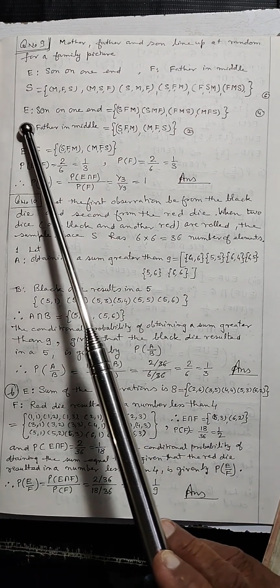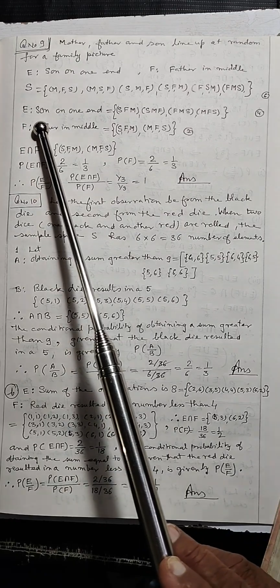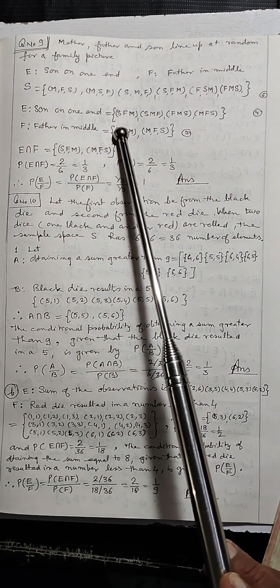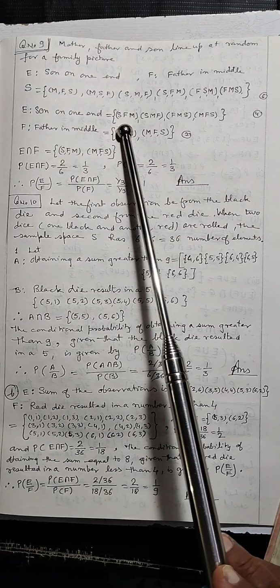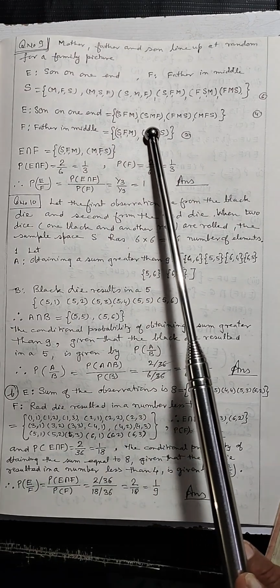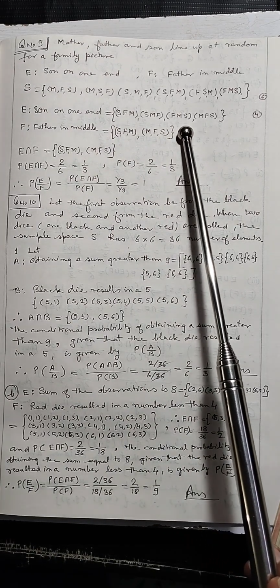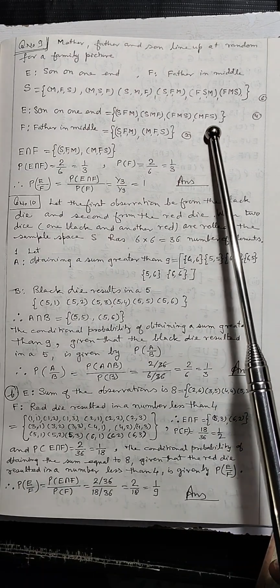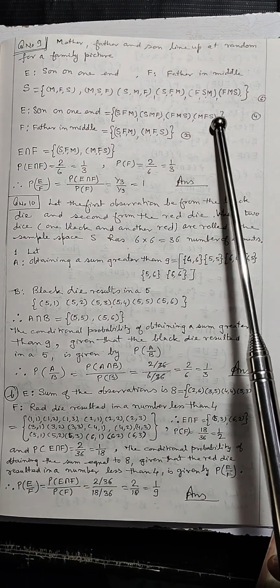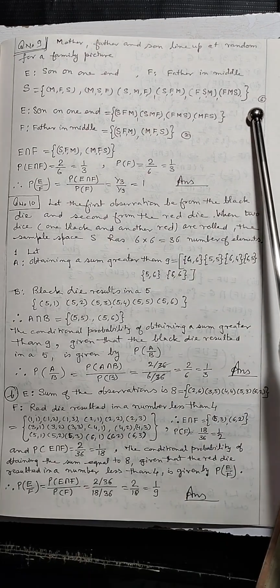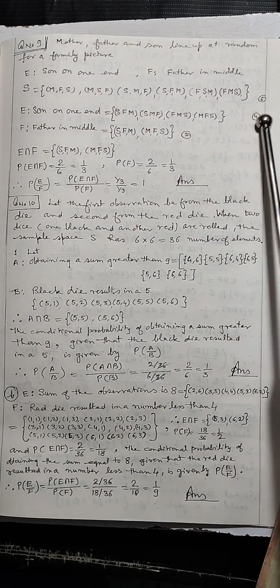Event E states that the son is on one end. So in that case, the elements will be son, father, mother; son, mother, father; father, mother, son; mother, father, son. These are the four elements. In this case, the sample space has 6 elements.